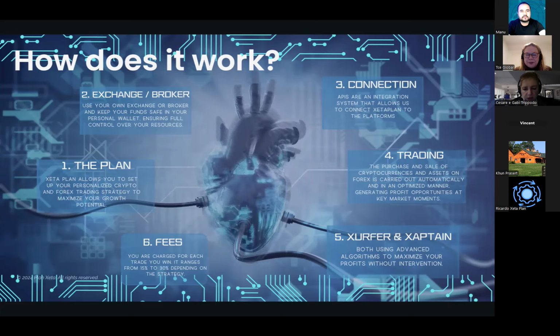Both of these use algorithms and indicators to maximize your profits without any human intervention. Again, there is no human intervention, but there is human supervision. And the last one is the fees. You are charged a fee for every winnable transaction, and it is up to 30% depending on your strategy.